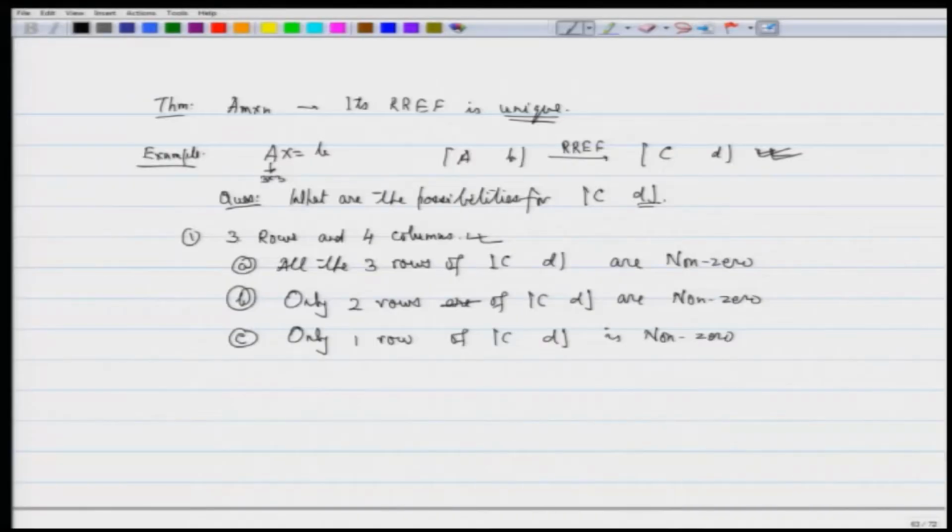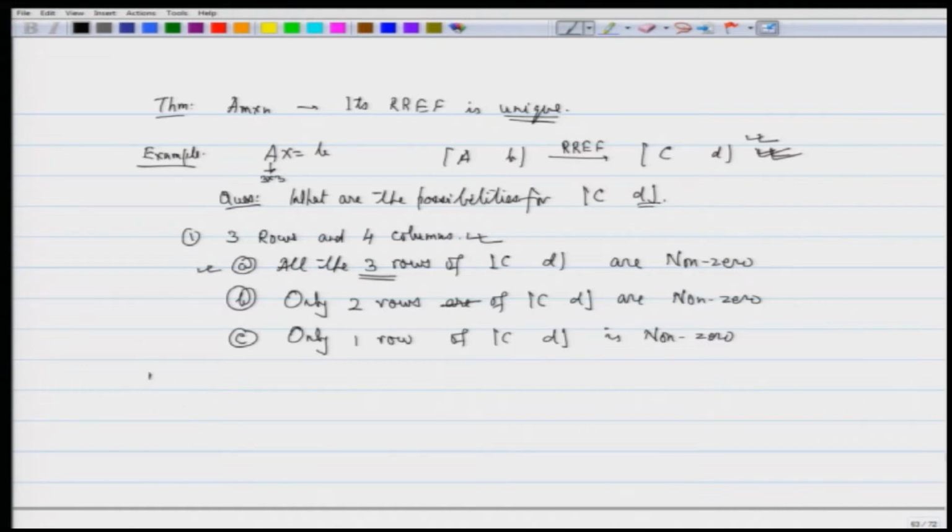A has 3 rows, and the augmented matrix joins with it. So, there are 3 rows and 4 columns as far as CD is concerned. CD is an RREF, so it can have all the 3 rows as non-zero, only 2 rows as non-zero, or only 1 row as non-zero. In the first case, I am assuming that all the 3 rows are non-zero. So, what are the possible pivots?